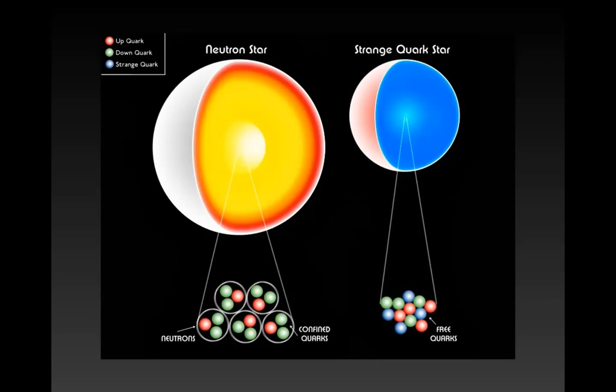And then where it says free quarks, we know that they can't really be free, but it's kind of like the quark gluon plasma. They're not by themselves, but they're also not within a known boson type particle. So it might be strange quark matter, just an unknown type of matter.